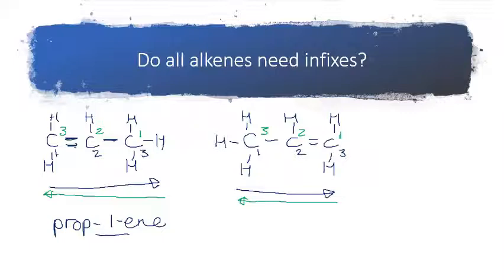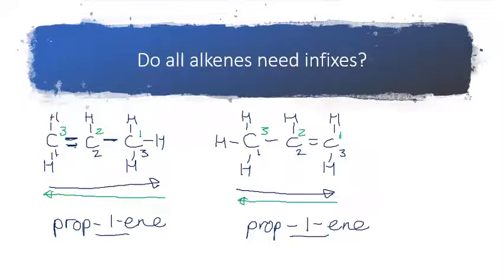So remember that we try and number the carbons to the functional group to keep the infix number as low as possible. So can you see the correct way of naming this would be prop-1-ene again, because there's carbon 1 joined to the double bond.